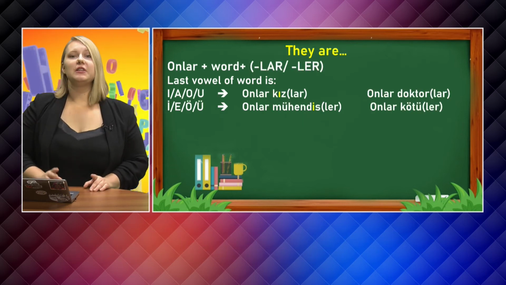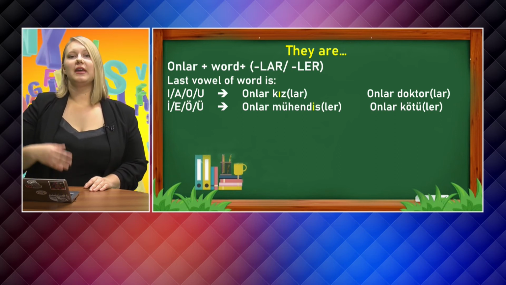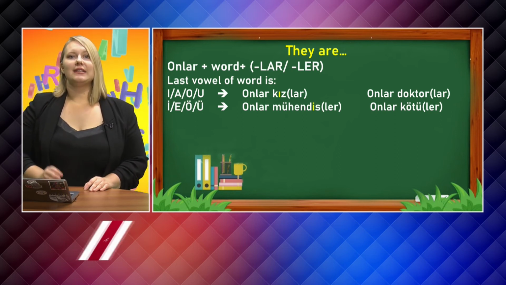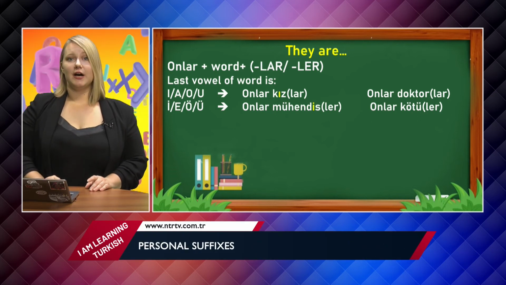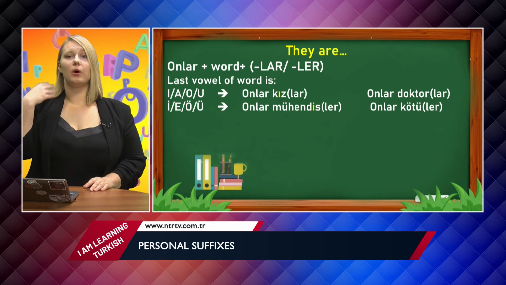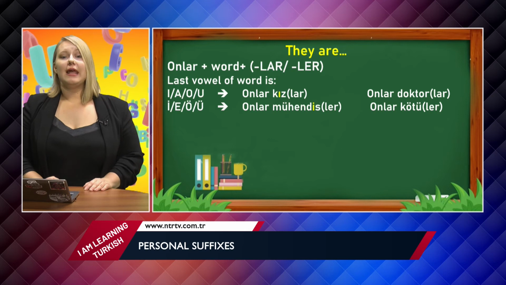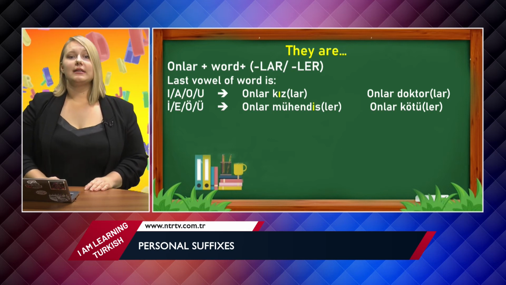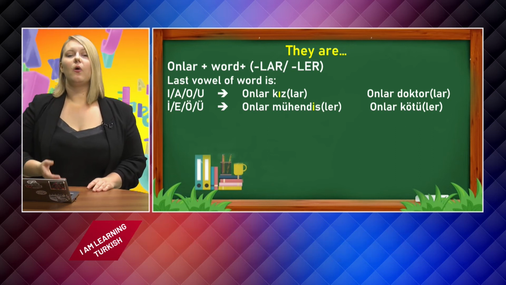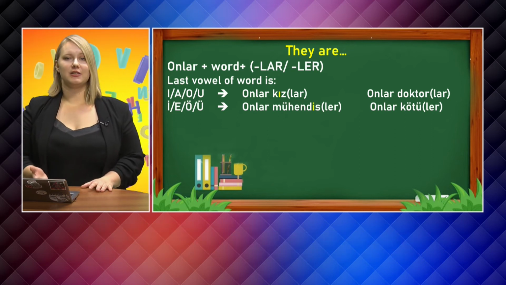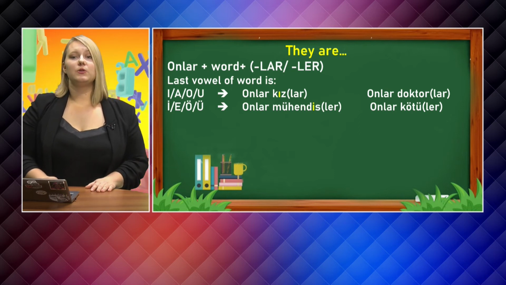And the last but not the least is they. How to say they are something? It's really easy. We are taking our onlar, we are giving our word, and we are simply adding lar or ler. As an example, onlar kızlar, or onlar mühendisler, or onlar doktorlar, onlar kötüler.